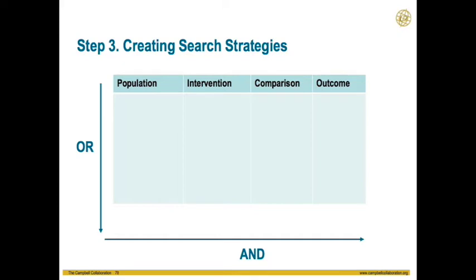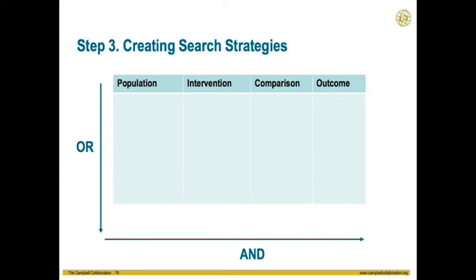So you can't see this graph too well. These are actually four columns: a P column, an I column, a C column, and an O column, which should look familiar, PICO, right? And the way that I typically encourage people when they're starting to draft out their search strategies is, within each of these columns, start listing out synonyms for your P terms.